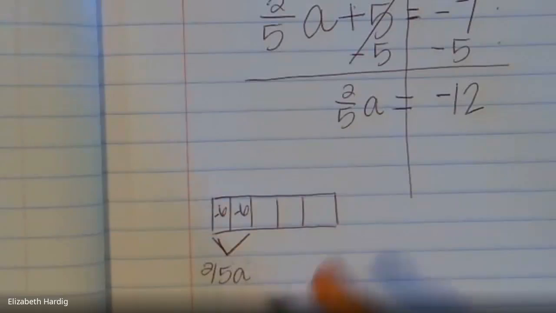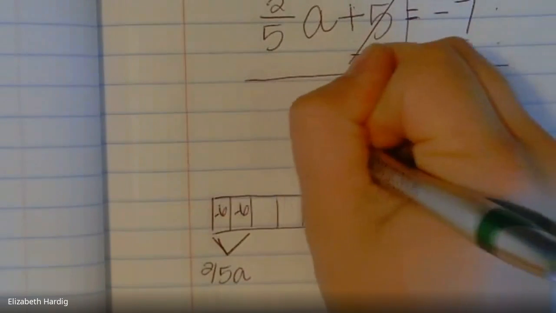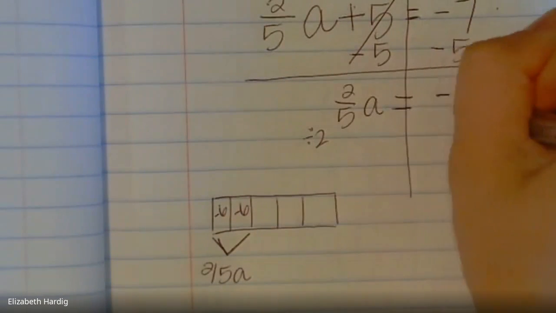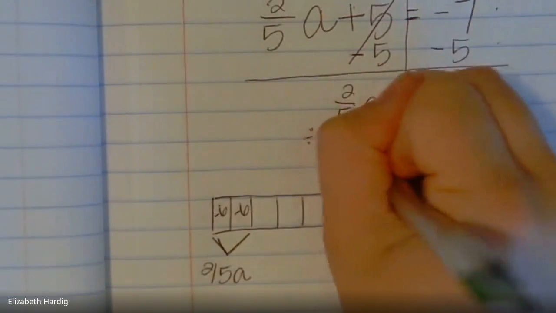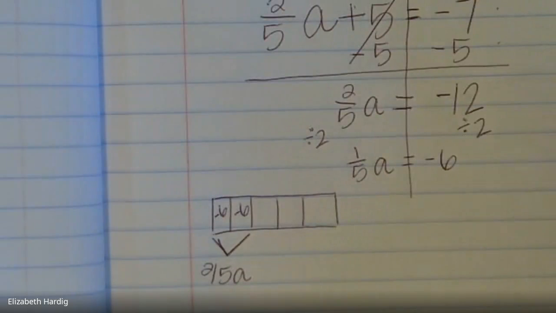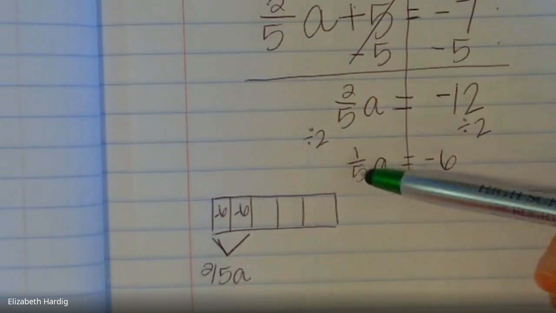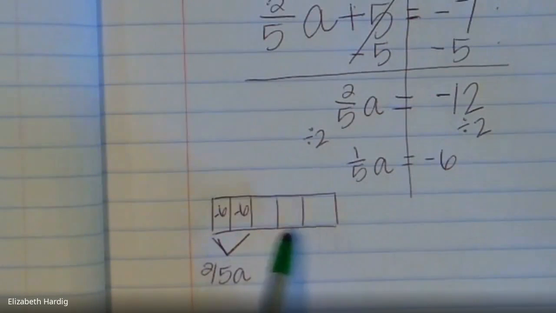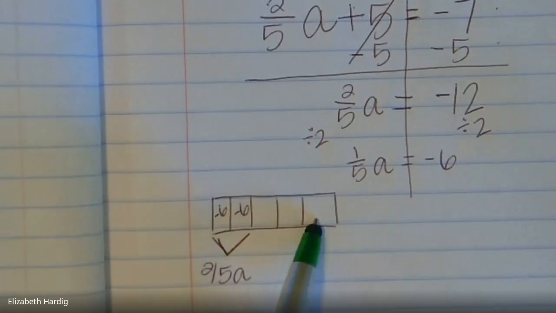Which means really what I just did right there is I divided by 2 to find out what 1/5 of A was equal to. And it was equal to -6. It will take me 5/5 to get to 1 whole, which is what each one of these represents. So what number goes in each one of these? -6.